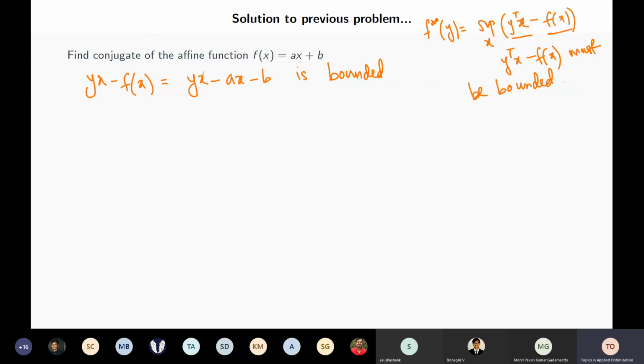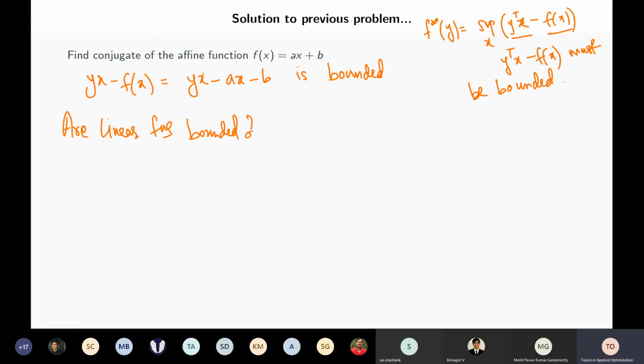Remember, this is a linear function. For this to be bounded, what do we need? Are linear functions bounded? That's the interesting question.